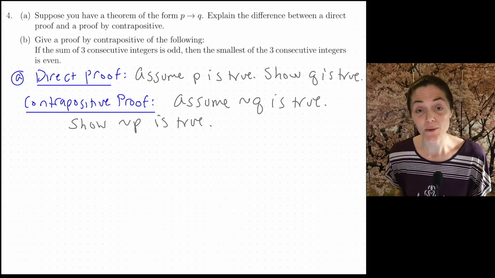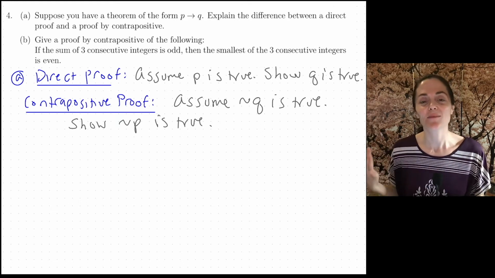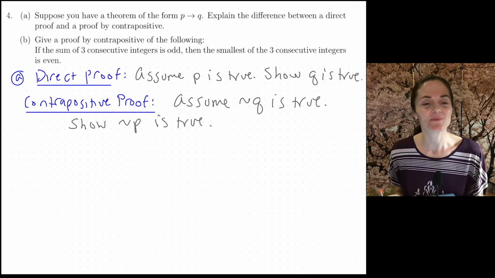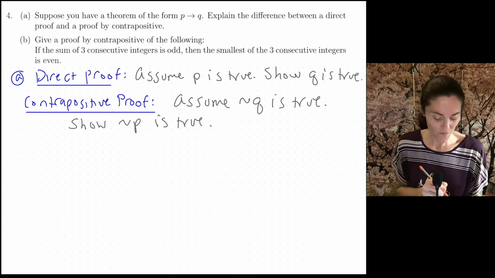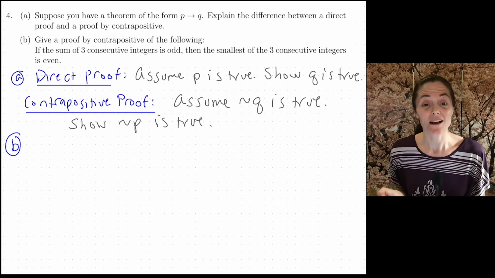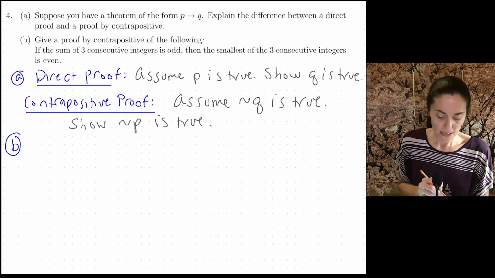And in effect, in a proof by contrapositive, we have proved the contrapositive, but we know this is logically equivalent to the implication. Now we move on to part B. We want to give a proof by contrapositive of the following. Okay, let me underline some things.